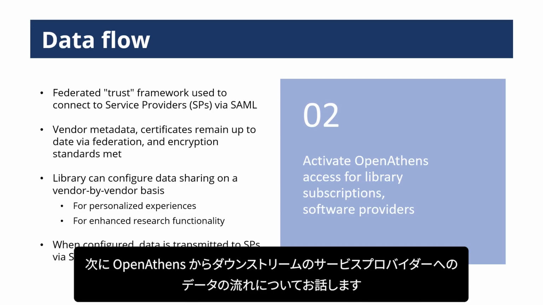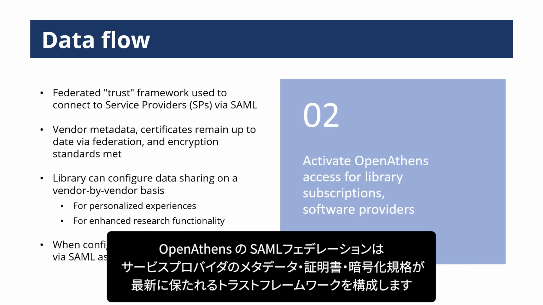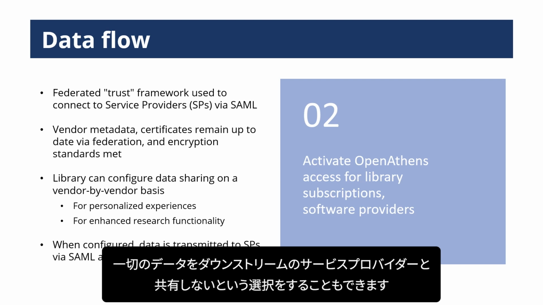Regarding the flow of data from OpenAthens to downstream service providers, OpenAthens SAML Federation comprises a trust framework where service provider metadata, certificates, and encryption standards are kept current. The library can choose to not share any data with downstream service providers unless it's needed to enhance research experiences and functionality at that service provider's platform.